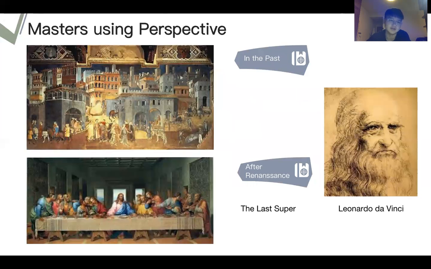Okay, but before that, I'd like to introduce some other things so we can understand perspective more clearly. Comparing those two pictures on the left, we can find out that the picture above is the one that didn't use perspective.